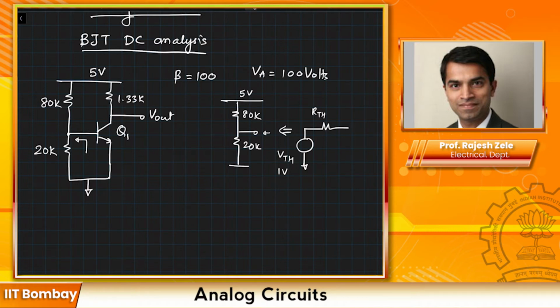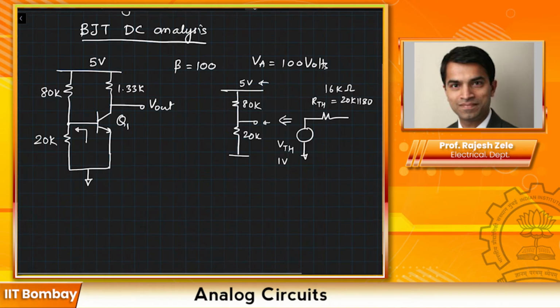For RTH, we take the independent voltage source of 5 volts to 0 and look at the equivalent resistance into this network, which is 20K parallel with 80K, and this number is 16K ohms.